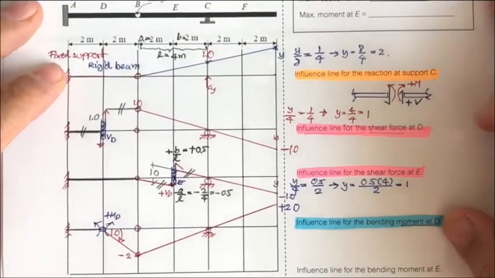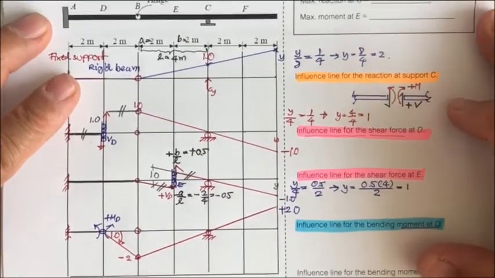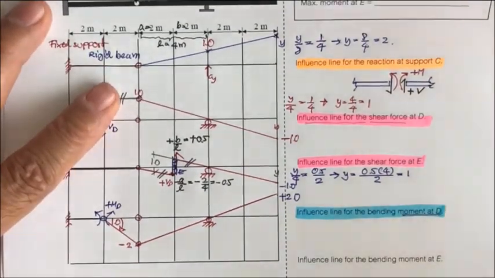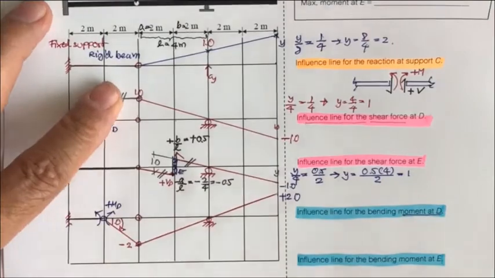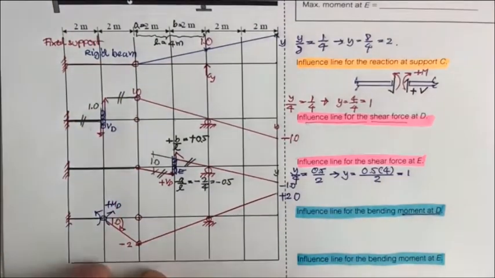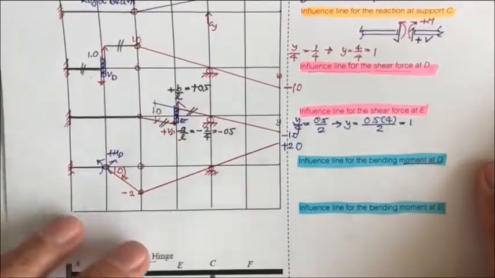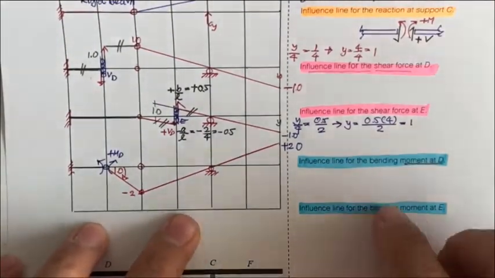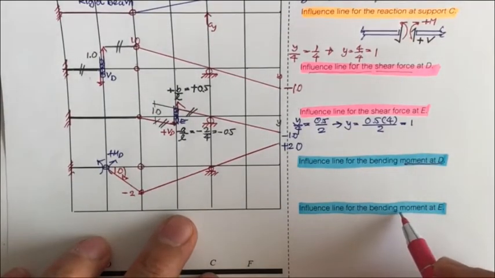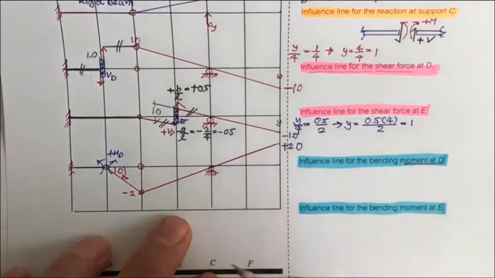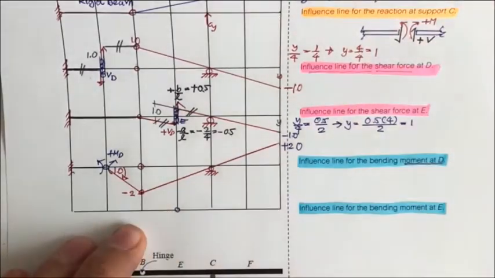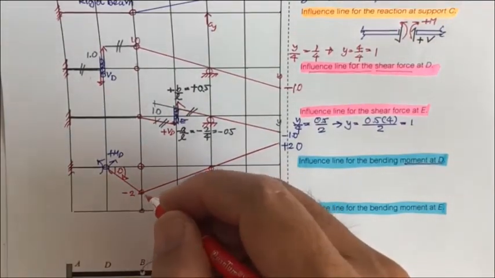Next, the last one, we consider point E. Now we go to the influence line of E. E is here, as we know. So we must eliminate the resistance to bending moment at E. That means again we put a hinge into E, and the other hinge is still the same.